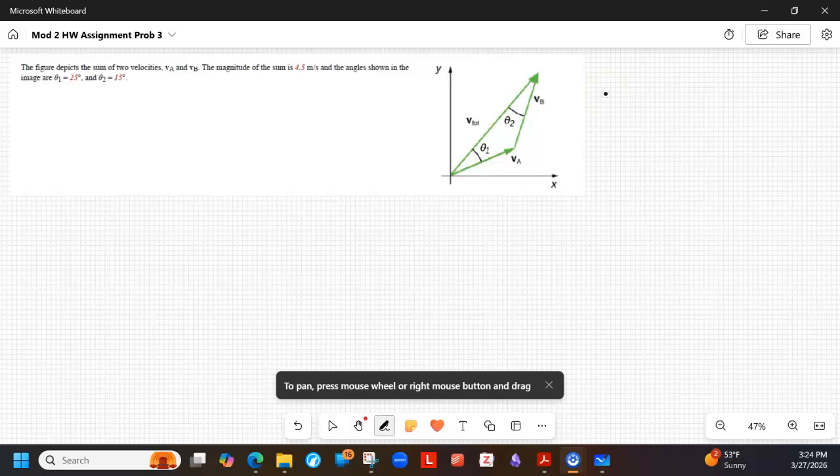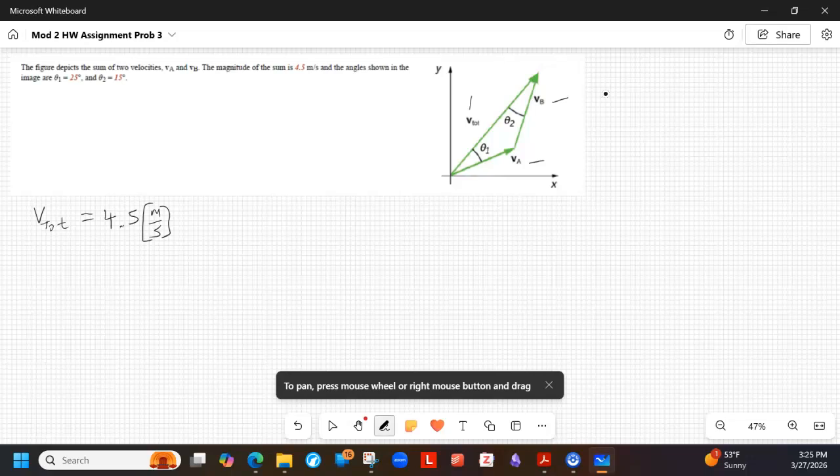Well, basically you're given two vectors, VA and VB, and then we're going to form the vector sum of those two, which gives us the vector V total. And we're told that the magnitude of the sum, V total, is 4.5 meters per second.